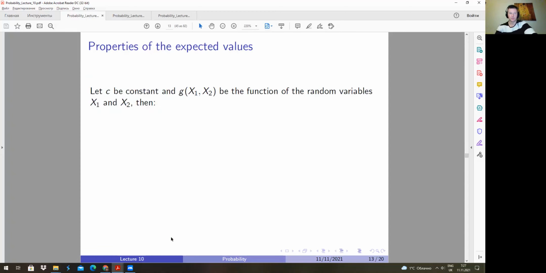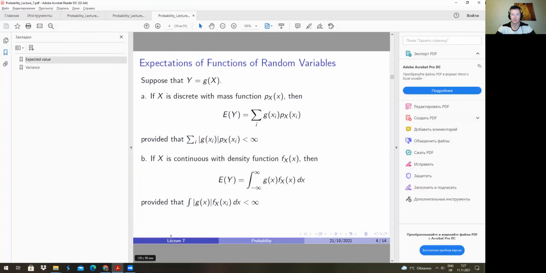Okay, so now some properties of the expected values, and these properties are very similar to what we had in lecture number 7.